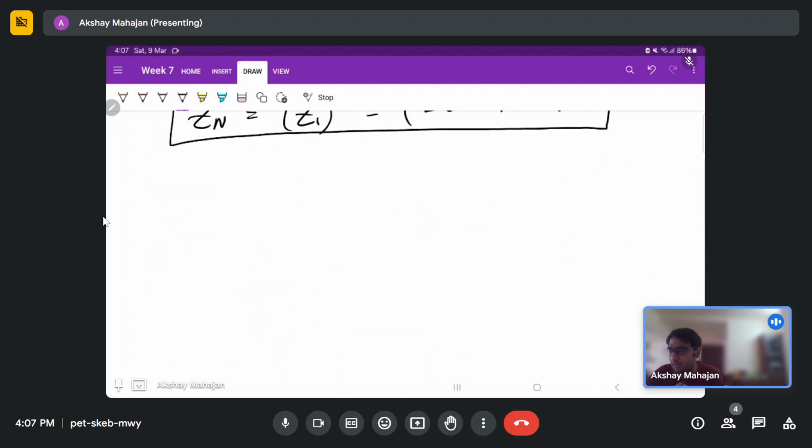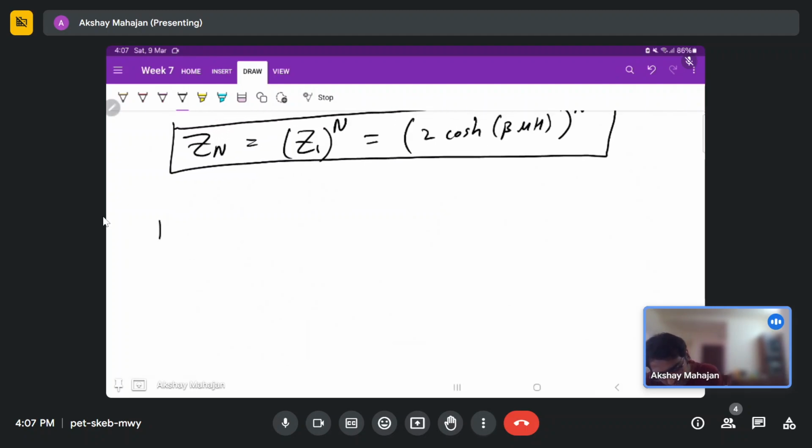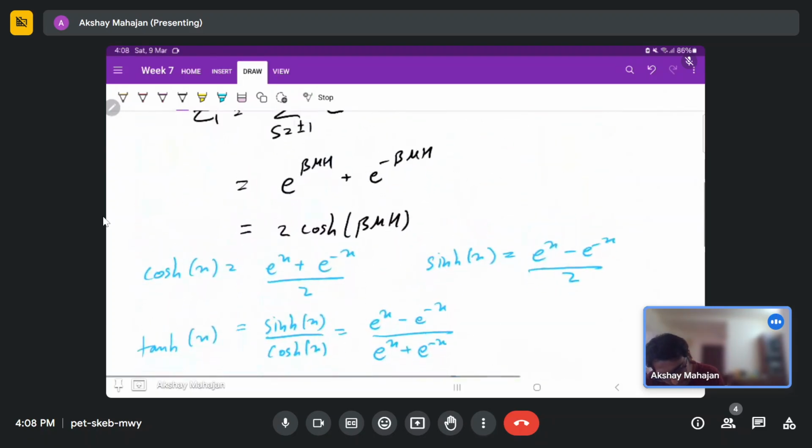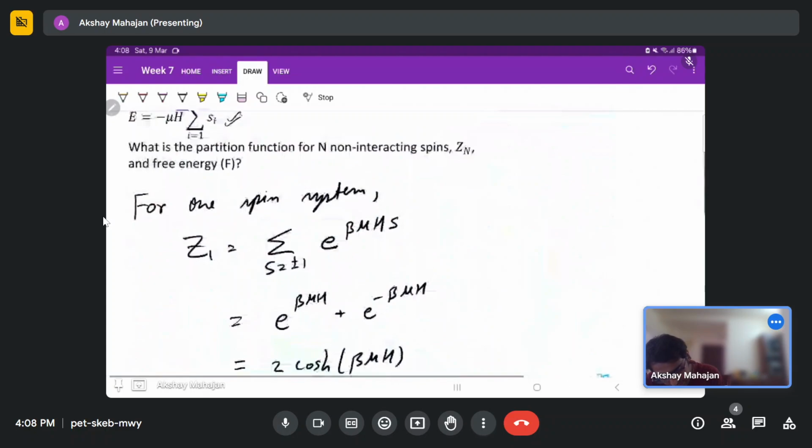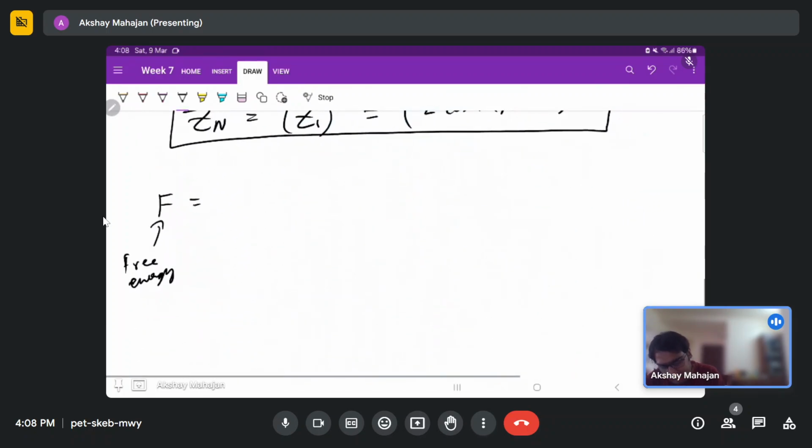And the other thing that is asked is the free energy. This was our partition function for one spin system. The free energy we know is given by minus k_B T ln Z, and we have to find it for n particles.